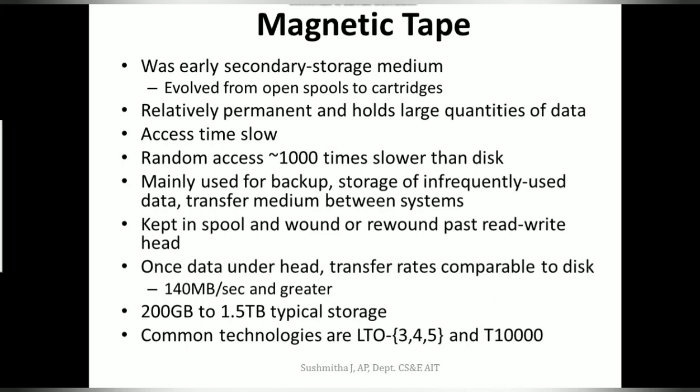Yes, it is still used when they have to migrate large amounts of data, and it is also used for backup. The disadvantage of magnetic tape is seen in a simple comparison of sequential access and random access. Your hard disk gives you random access, whereas your tape drive gives you sequential access. We have already seen that sequential access is very time consuming and quite slow, and the transfer rate of magnetic tape is also very low.